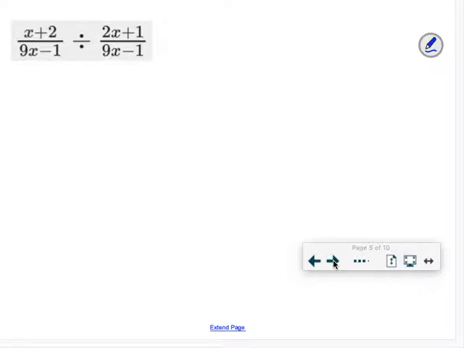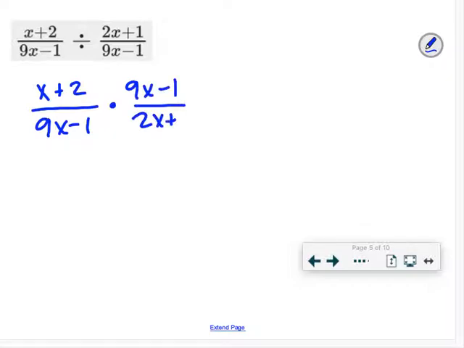This one, let's not do in our notebooks just to save time. But what this would turn into is x plus 2, because I'm dividing, over 9x minus 1 times, changing it to multiplication, 9x minus 1 over 2x plus 1. What's going to happen here, guys? Why do you only flip the right side? It's a really long, complicated process, but I can explain it to you if you want.